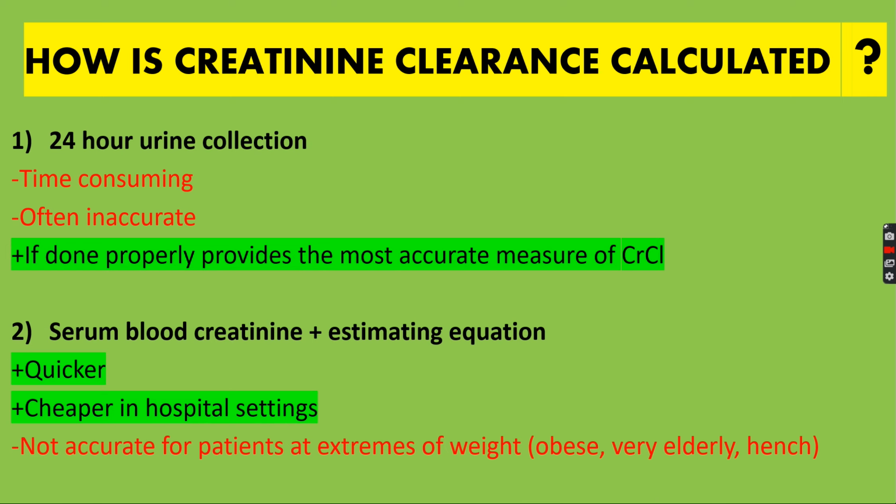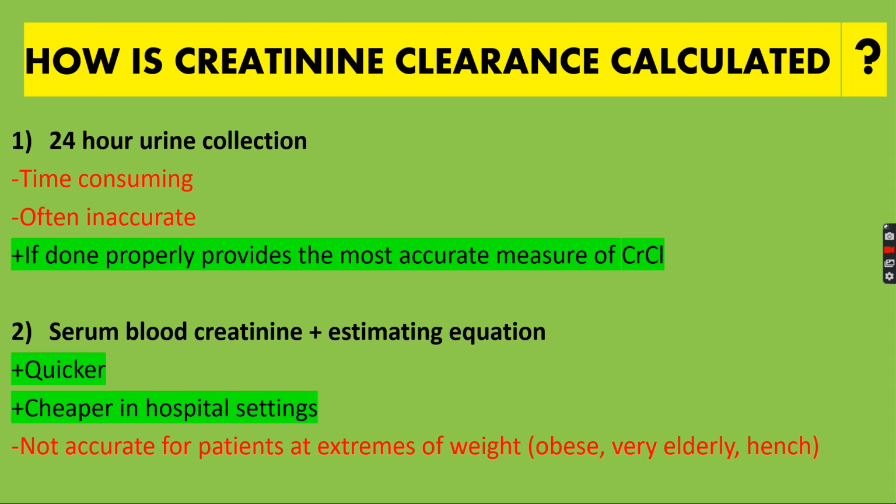How is creatinine clearance calculated? Through 24-hour urine collection, which is self-explanatory, very time consuming, often inaccurate. However, if this is done correctly, it is a very accurate measure of creatinine clearance.